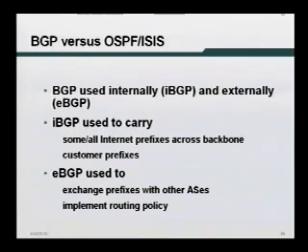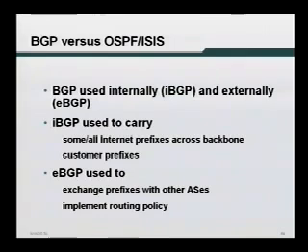BGP can be used internally as IBGP and externally as EBGP. IBGP is used to carry some or all of the internet prefixes across your backbone, and it can be used to carry customer prefixes. Right, so that's where your customers connect to your network, and you put them into IBGP.